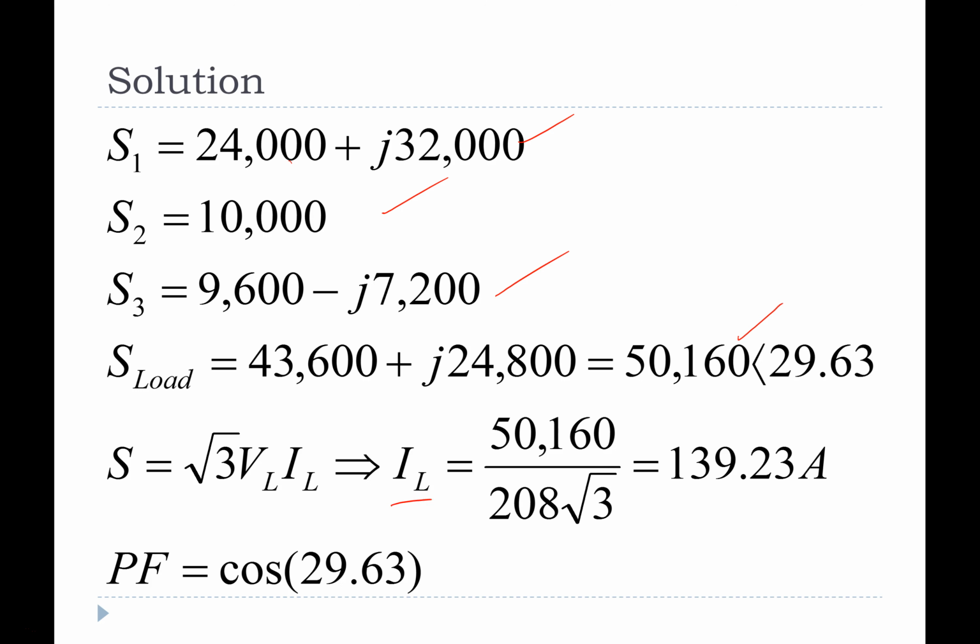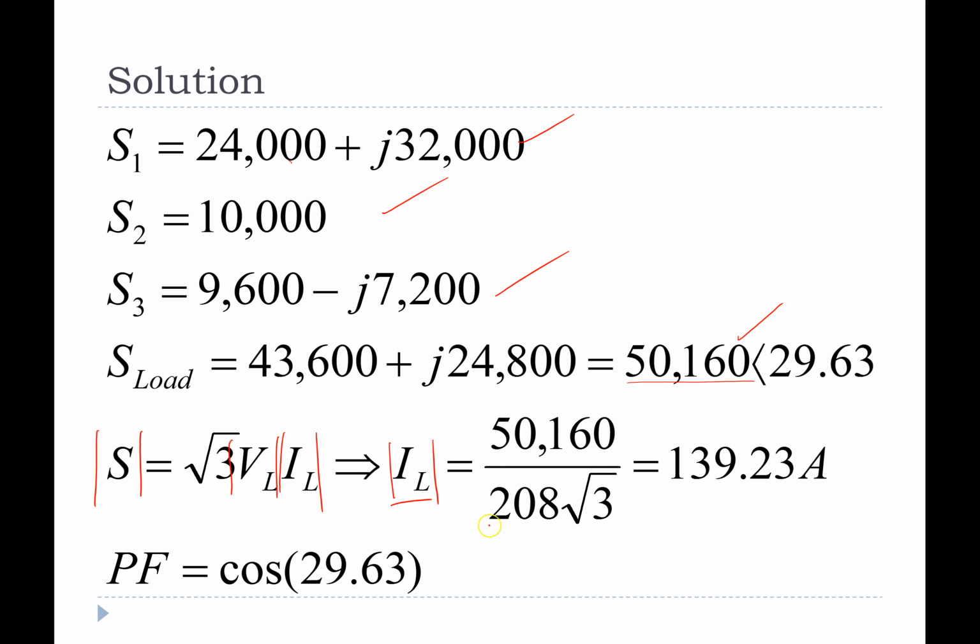We want to find the line current. So here the line current, we know this should be magnitude here. We know the magnitude of S is equal to √3 multiplied by the magnitude of V line by the magnitude of I line. So we could find the magnitude of I line by simply substituting V line and S. We know S here, the magnitude.